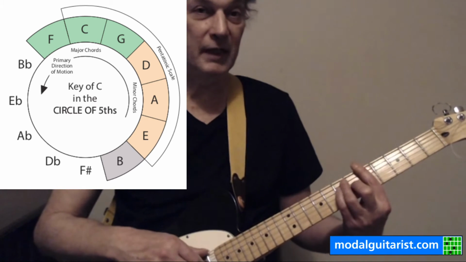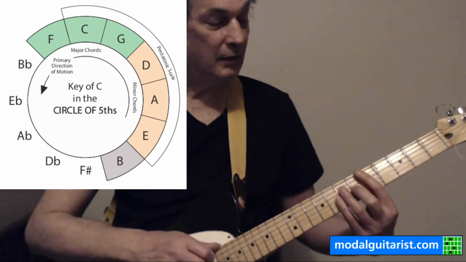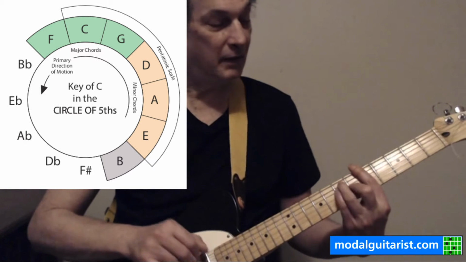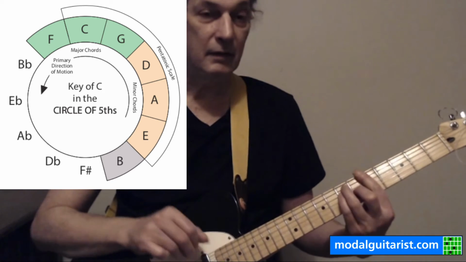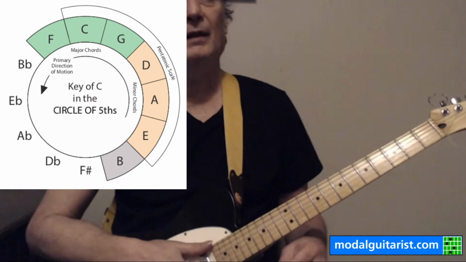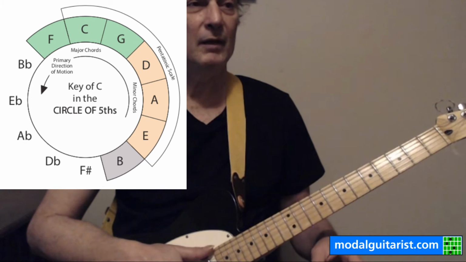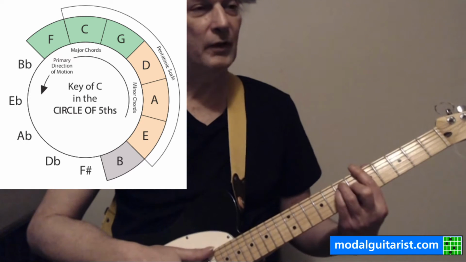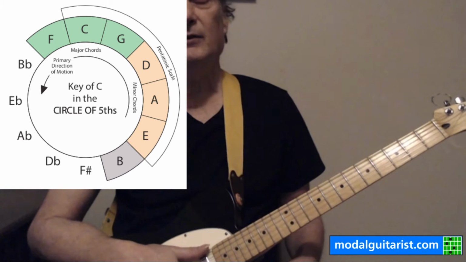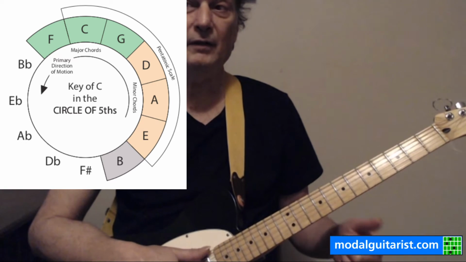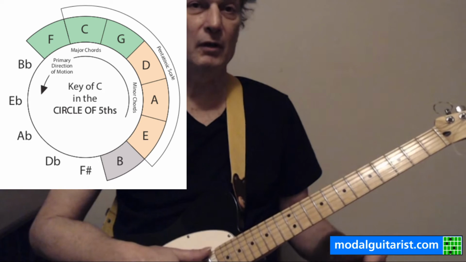Same thing if we're in the key of A. D is on one side, E is on the other side. Now, these adjacent fourths and fifths are called a strong chord change. Basically, you have weak, strong, and super strong chord changes.